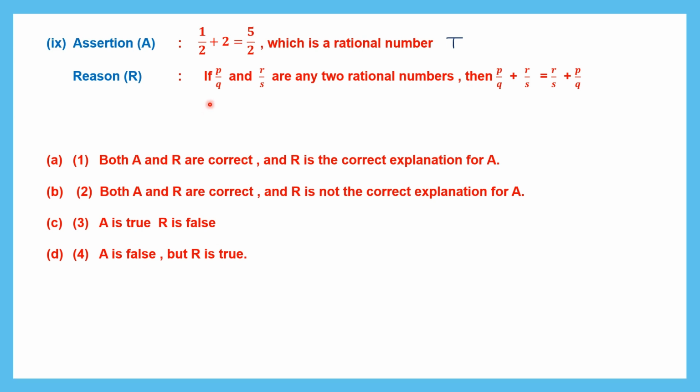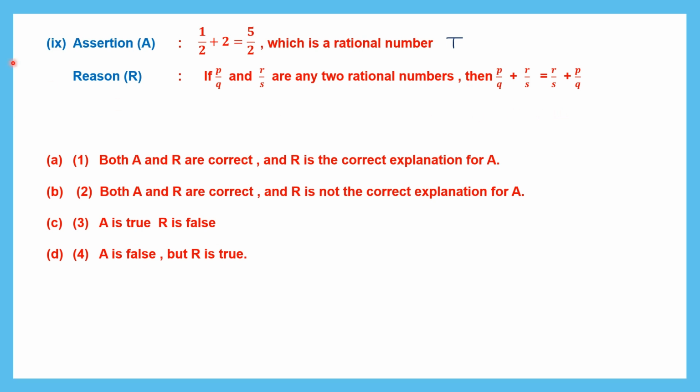Here it states if P by Q and R by S are any two rational numbers, then P by Q plus R by S is equal to R by S plus P by Q. Now we know the commutative property of addition, that is, when two numbers are added together, then even if you change their positions or their order, their sum, their answer will not change.